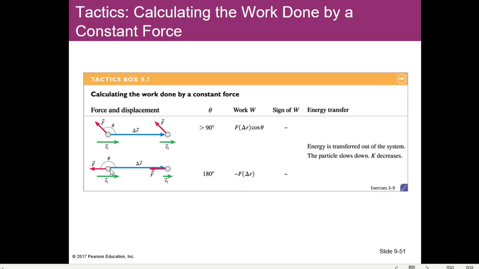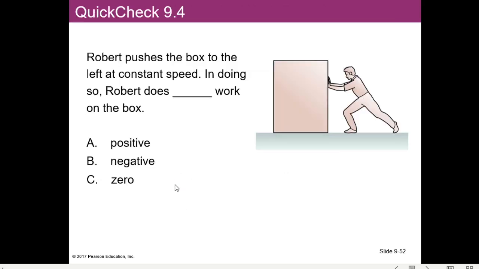The most slowage downage, of course, would be if all of the force is in the negative direction. That's if the theta here, the angle between the displacement and the force, is 180 degrees. And then the cosine of 180 degrees, of course, is -1. So we're going to get negative work done, and we're going to have maximum slowage downage.